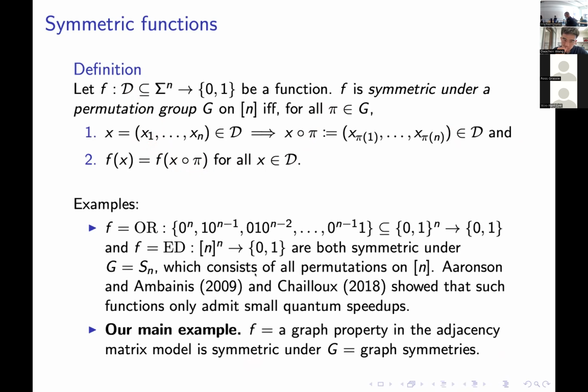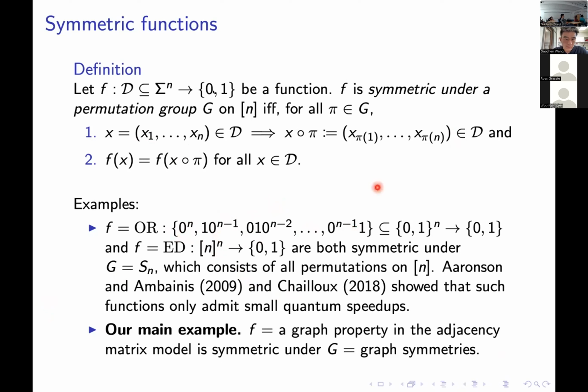So here are some examples of symmetric functions. We have our friend from before, the OR function. We can actually play around with it a little bit. We can restrict the domain to contain only the bit strings with Hamming weight at most 1.